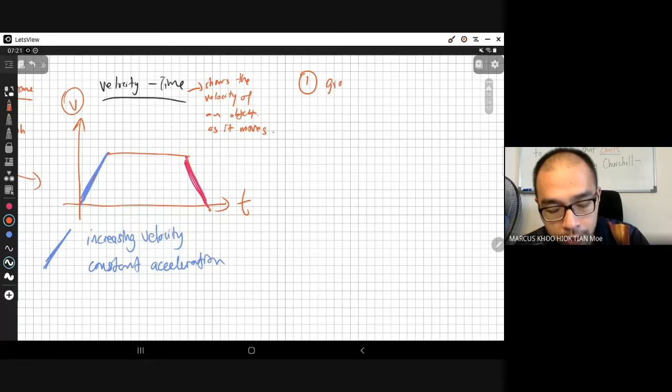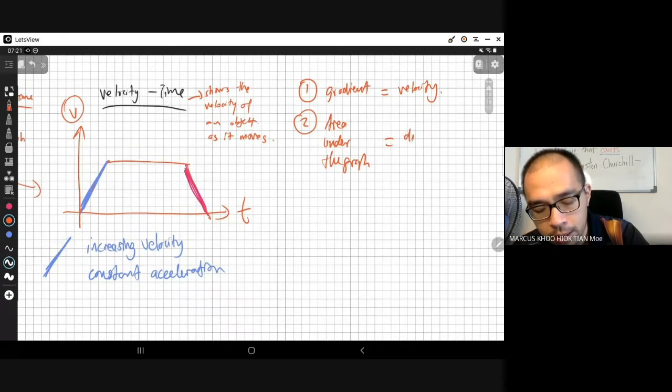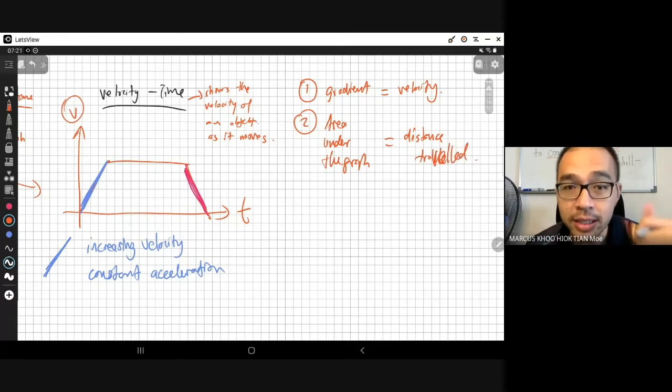The gradient, when you calculate the gradient of the line, you are calculating the acceleration. When you calculate the area under the graph, you are calculating the distance traveled.